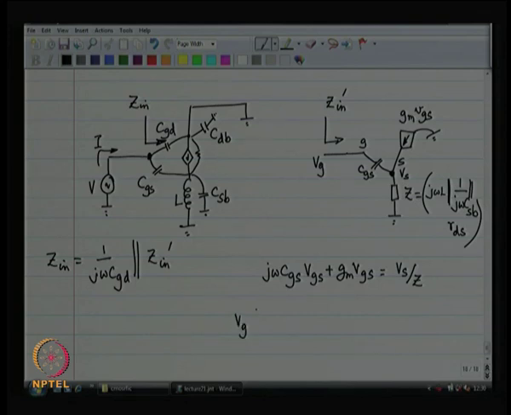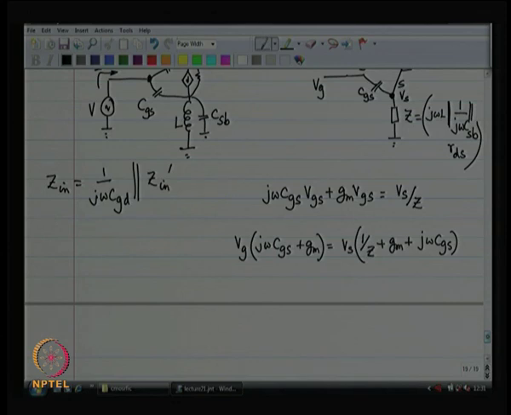So, you have got Vg times (j omega CGS plus Gm) is equal to Vs times (1 by Z plus Gm plus j omega CGS), and as a result Vs is Vg times (j omega CGS plus Gm) divided by (j omega CGS plus Gm plus 1 by Z).